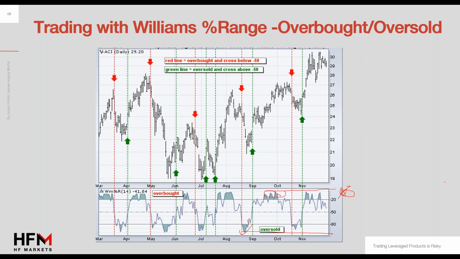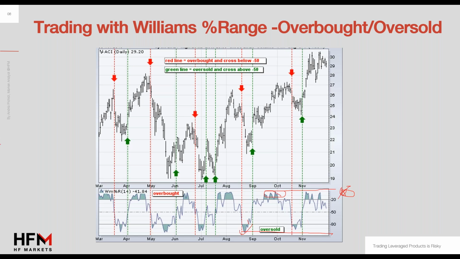Let's have a look at this example, and then we will move straight to the momentum failure scenario and how you can use it for spotting momentum failure. Over here, we have the 14-day Williams indicator.